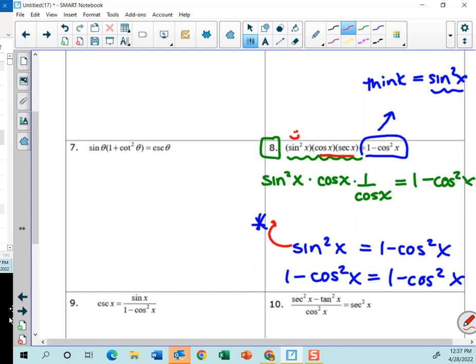Wouldn't it be nice if those guys canceled? They do cancel because secant is 1 over cosine, and those cosines would divide out to be 1. So the only thing left on this side would be sine squared, which is exactly what I have here, and sine squared is equal to 1 minus cosine squared.